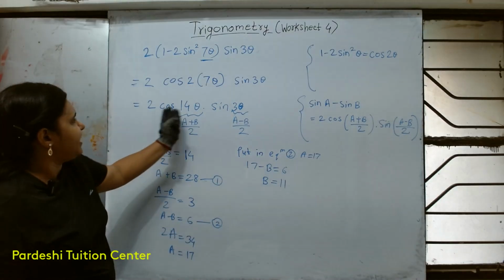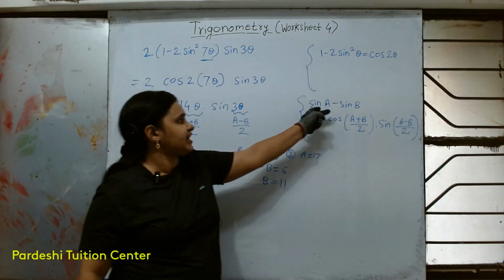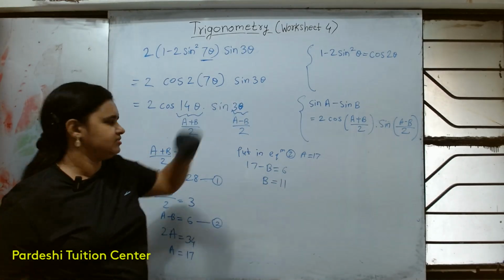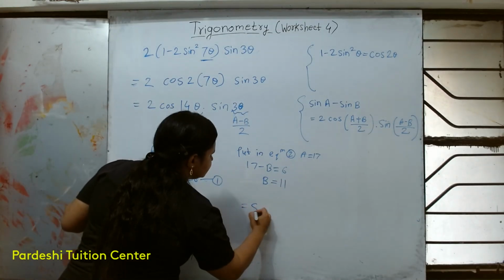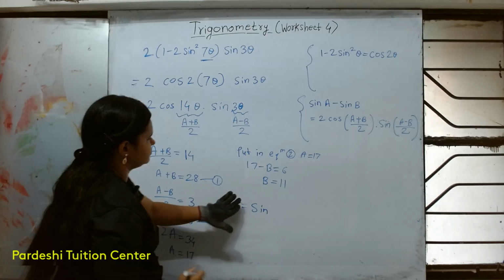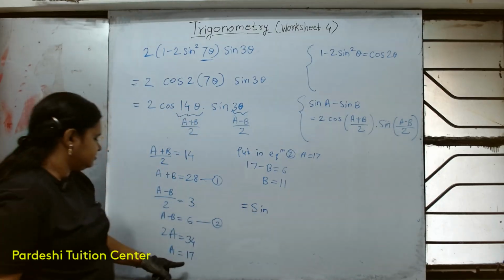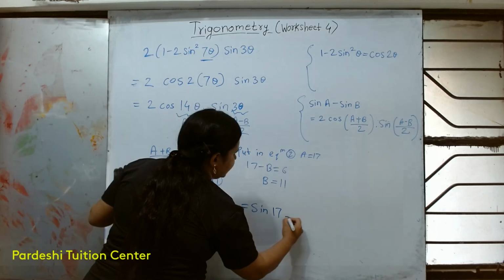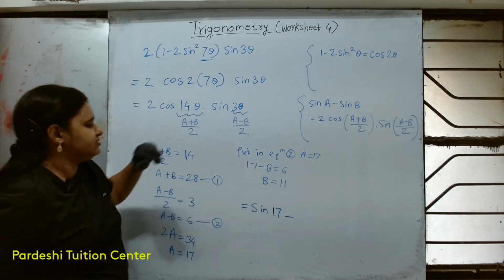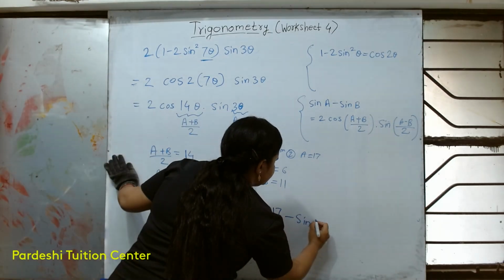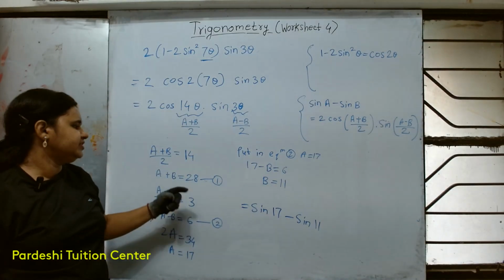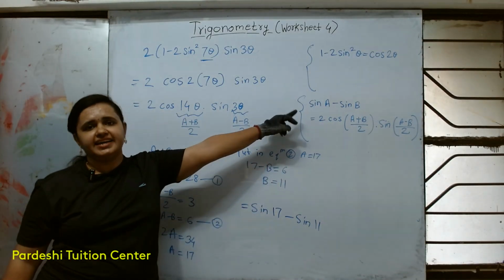Now, I can write it in the form of sin a minus sin b, because this was the formula for sin a minus sin b. So, I can write it as sin 17 minus sin 11. I have just found the value of a and b and put it in sin a minus sin b.